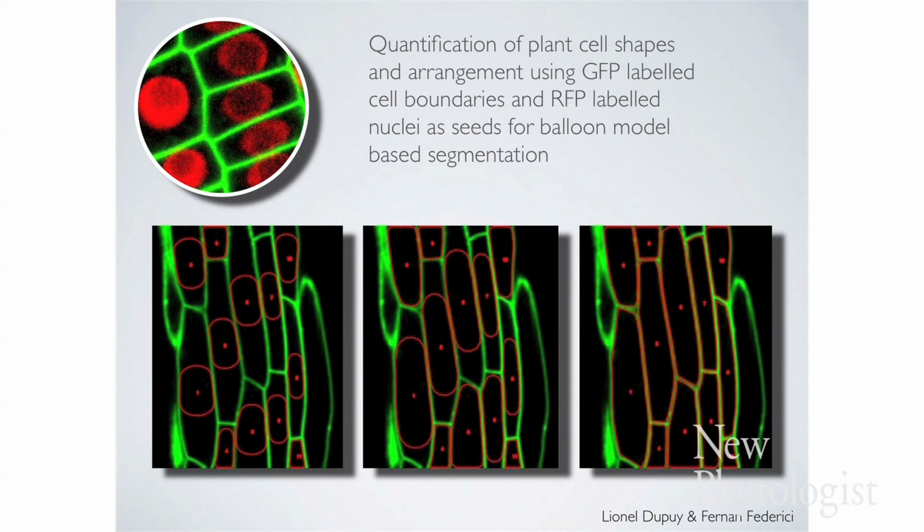So you can count cells using particle analysis technique, and that provides a seed for a balloon segmentation algorithm, which then uses the green channel to segment cells within a two-dimensional slice or a three-dimensional tissue. And so you can get accurate and robust creation of segmented cell patterns inside tissues.